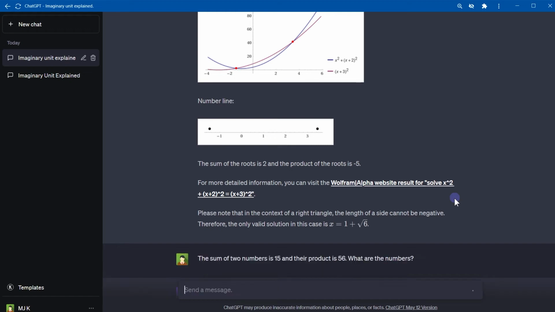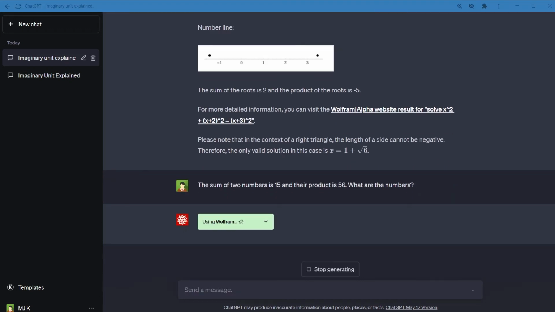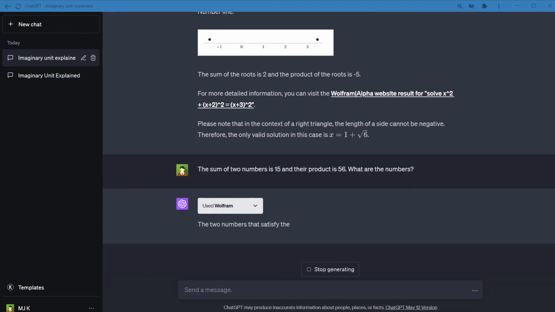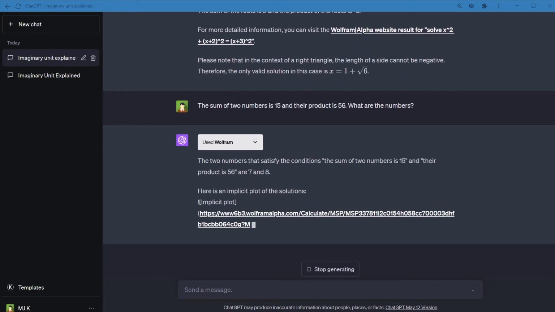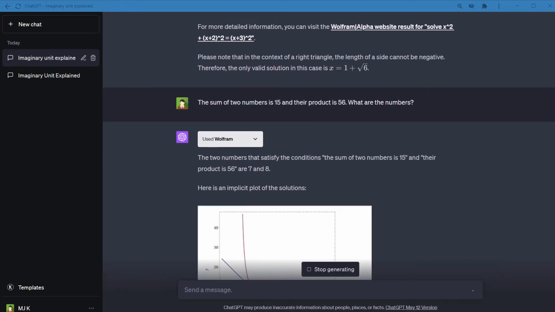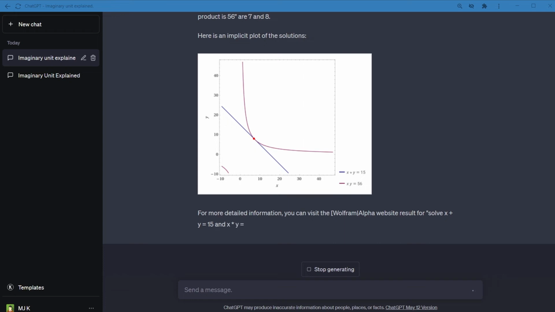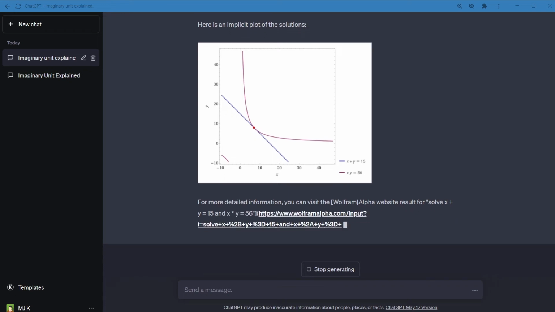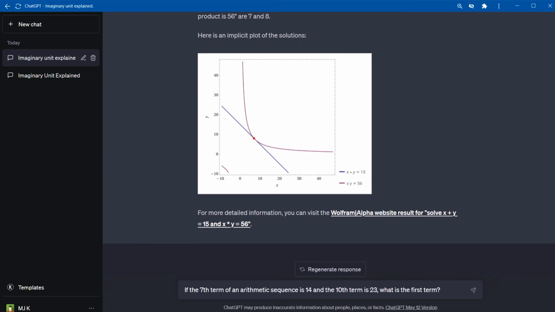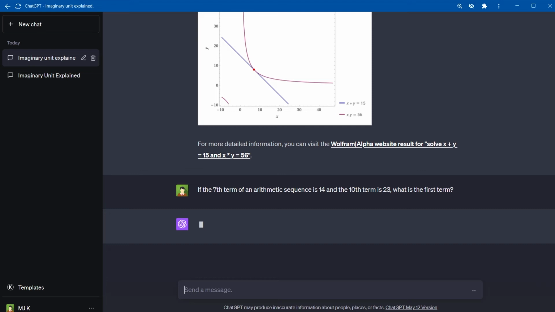What are the numbers? If the seventh term of an arithmetic sequence is 14 and the 10th term is 23, what is the first term?